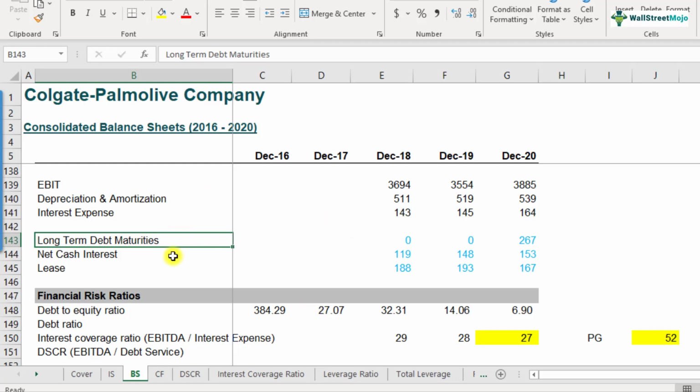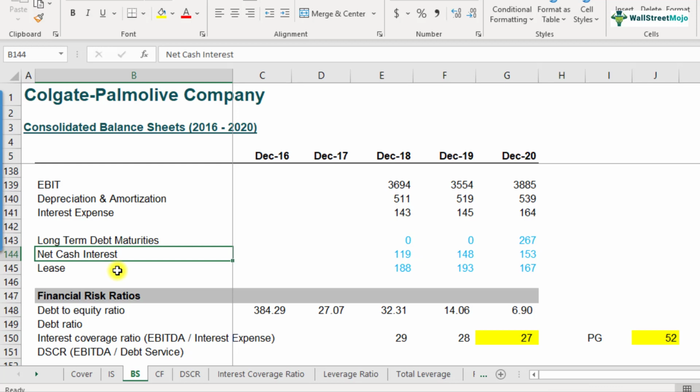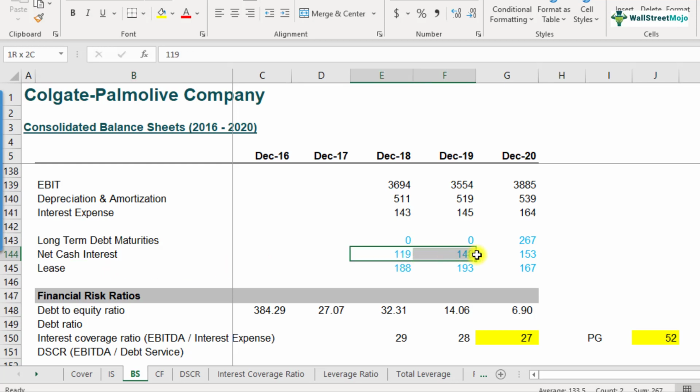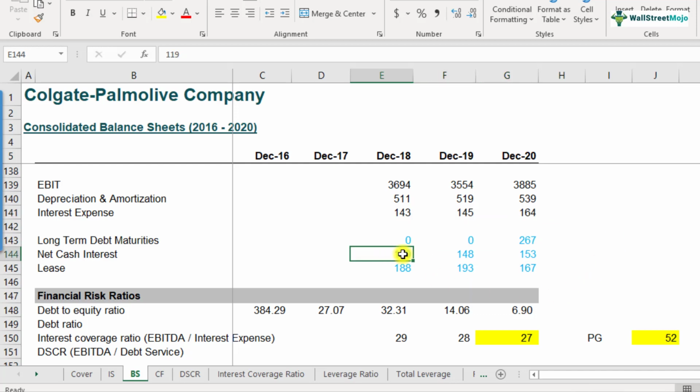Now the second thing to look at, once you are clear with the principal repayments, is net cash interest. This is the number that is more relevant for us, because we are interested in how much the cash outgo is from an interest point of view. This is different from the interest expense reported in the income statement, so if you have this number, please take the cash interest expense.